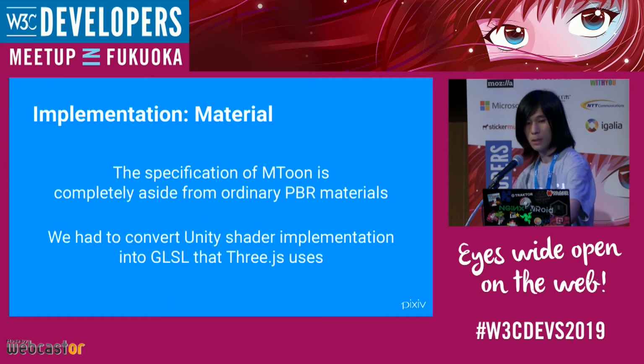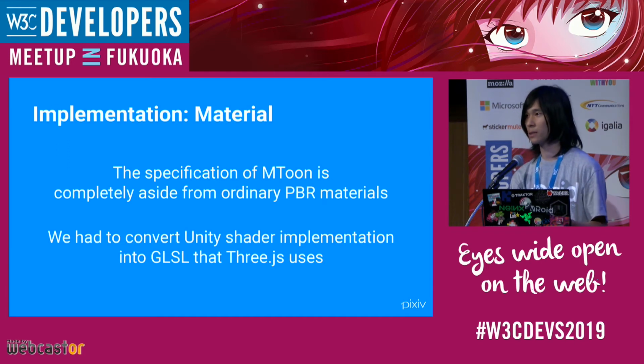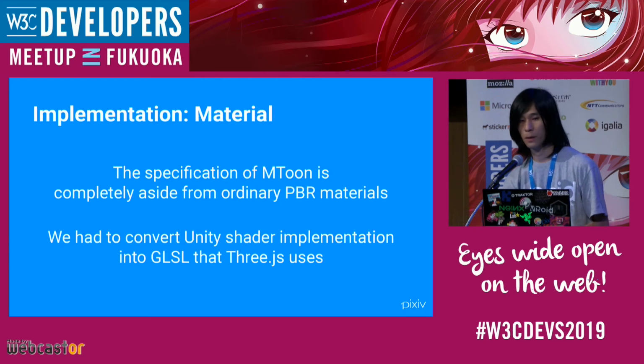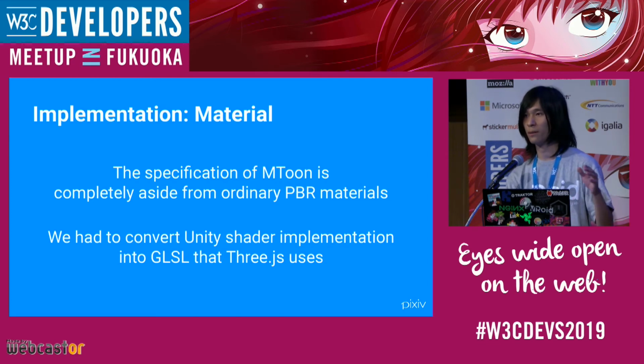However, the specification of MToon is completely different from PBR materials since it's an unlit material. And sadly, we don't have any documentation for implementing MToon. There's just the actual implementation in Unity.